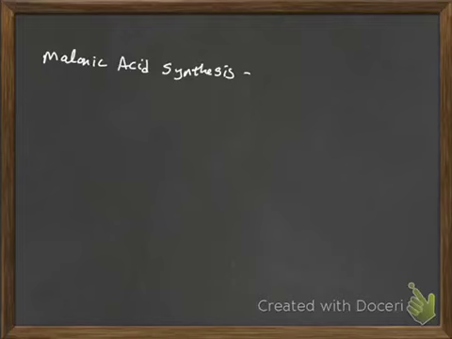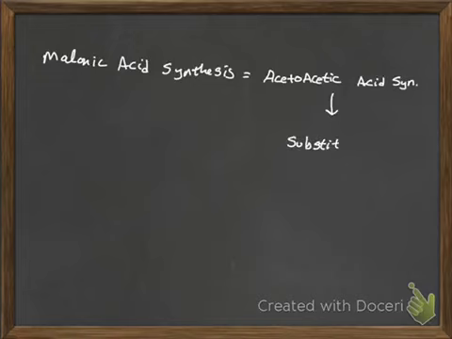So what do we do with it? Well, a lot of this malonic acid syntheses equal the acetoacetic acid synthesis, where the acetoacetic acid synthesis gave you a substituted ketone when you were done.